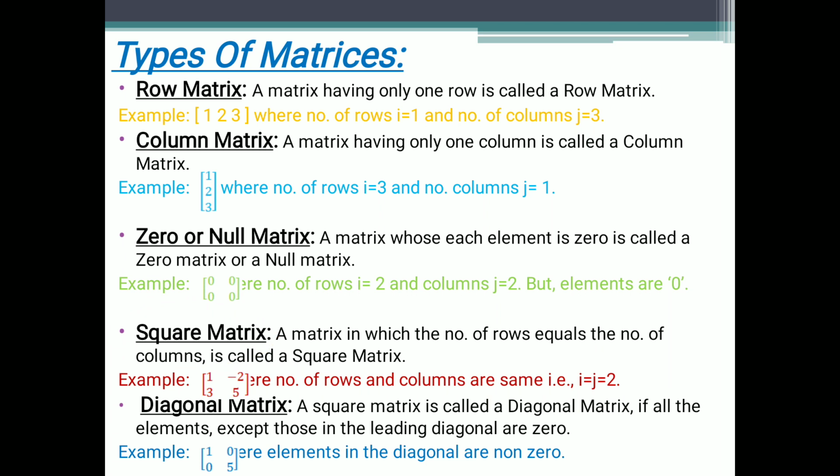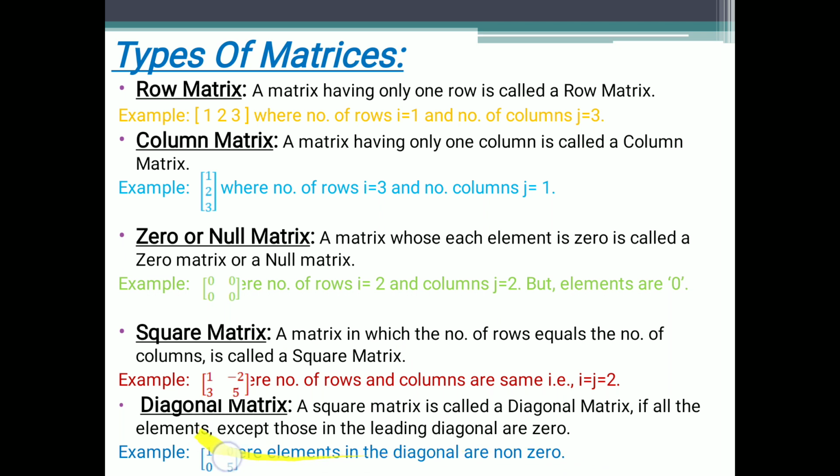Next, diagonal matrix. A square matrix is called a diagonal matrix if all the elements except those in the leading diagonal are 0. Leading diagonal in the sense, in this matrix, if I draw a diagonal like this, or in the given example like this, the elements are non-zero in the leading diagonal, but the other elements, see here, top and below, are both 0.